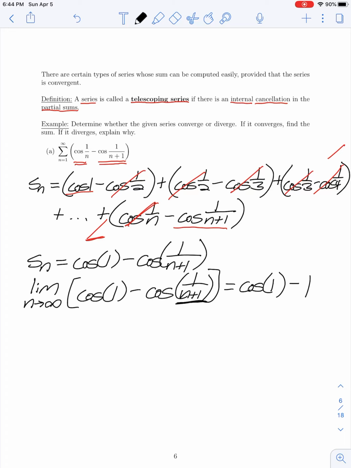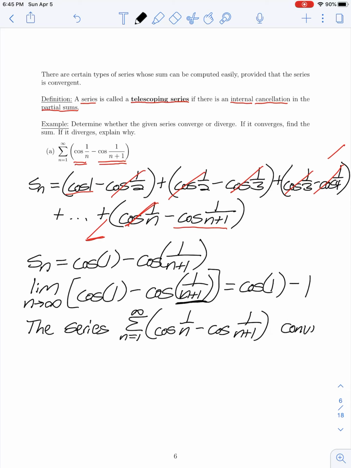So we've got cosine of 1 minus 1. So in this example, we say the series sum from 1 to infinity of cosine of 1 over n minus cosine of 1 over n plus 1 converges with a sum of cosine of 1 minus 1.